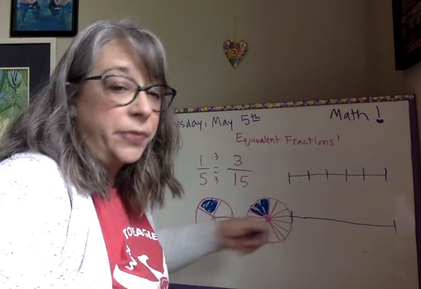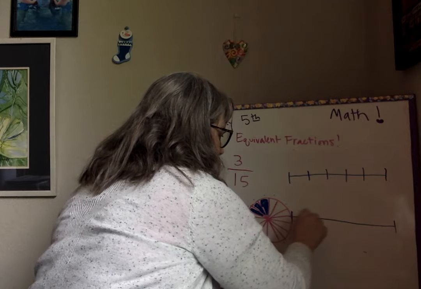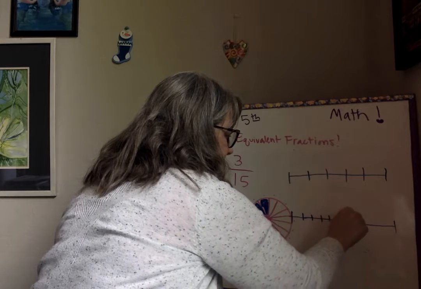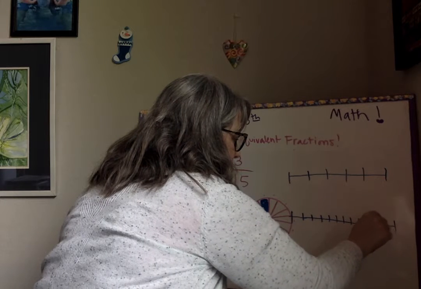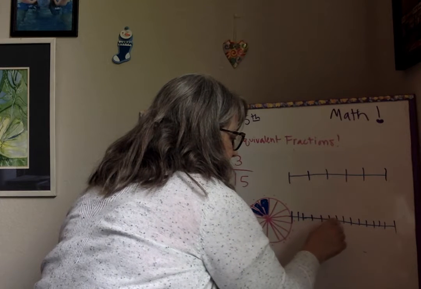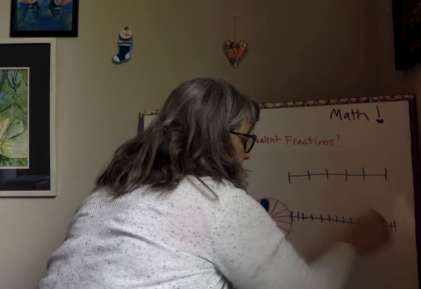We have to break it up into 15 parts, like we did 15 parts there. 1, 2, 3, 4, 5, 6, 7, 8, 9, 10, 11, 12, 13, 14, 15.